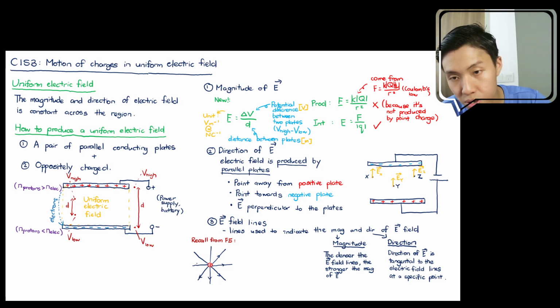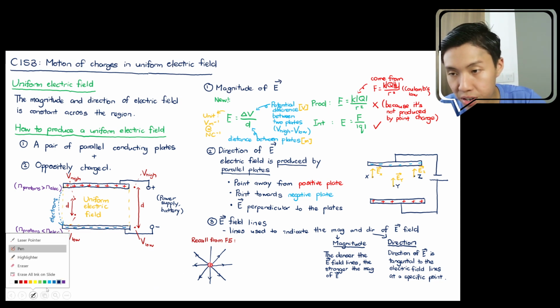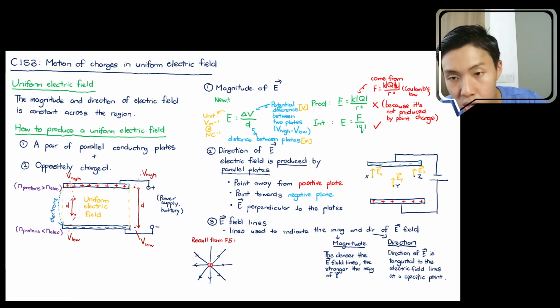This is the electric field line for a positive charge. So what we can say from this particular diagram is, let's do it in green, if we compare this region with this region.